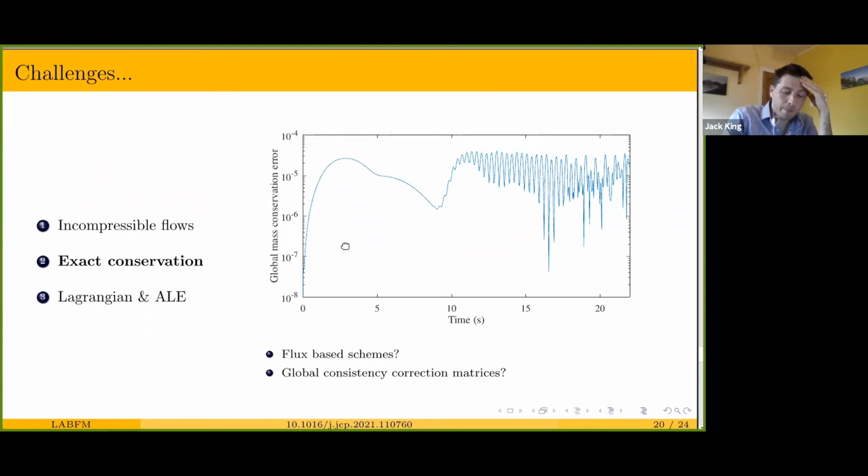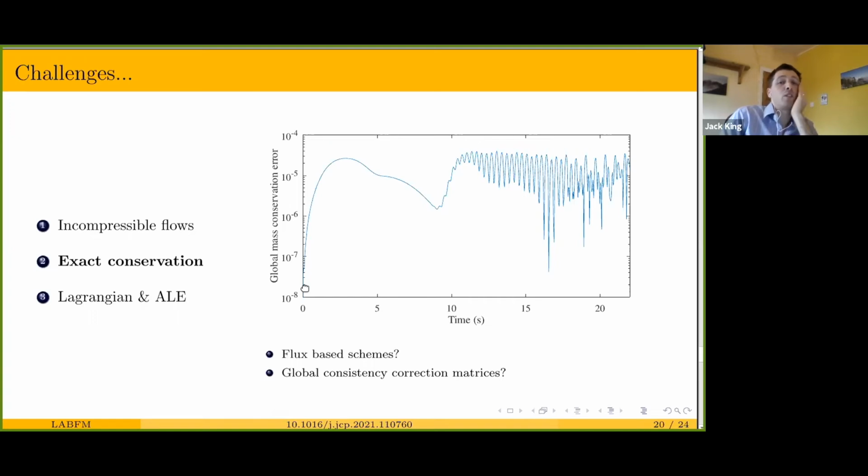I'm not sure how this is going to be achieved. It might be that we need to move to flux-based, almost mesh-free finite volume-based schemes, or it might be that we can incorporate these consistency matrices in some kind of global consistency matrix and regain some of the symmetries we've lost by exploiting the redundancies that we get when we use that global matrix.